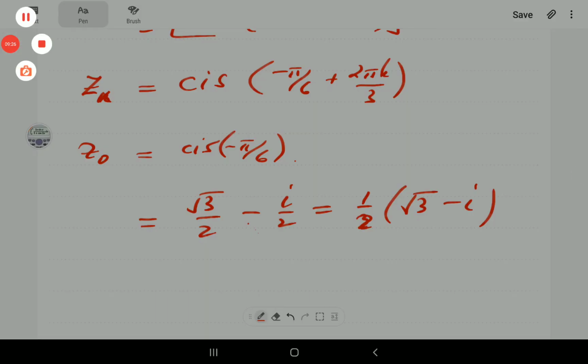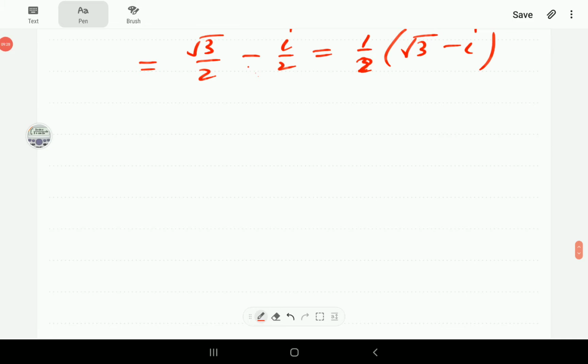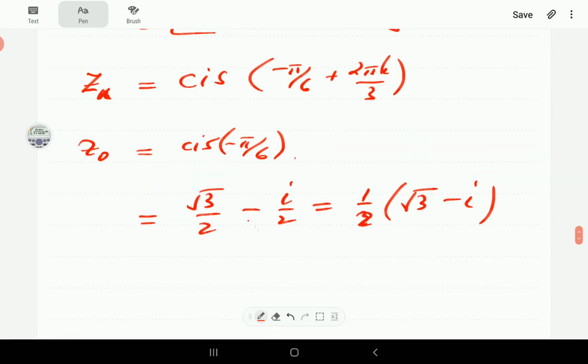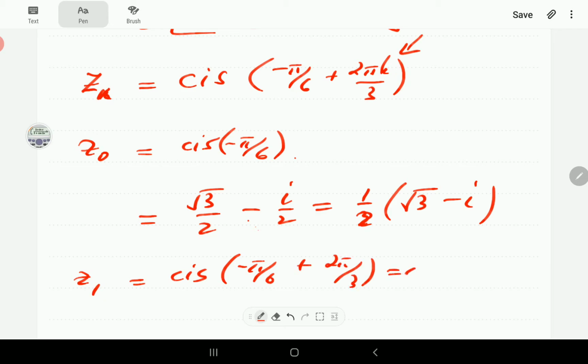There are going to be 2 more. So the second one, when k is equal to 1, we denote it z1. That's going to be cis minus pi/6 plus 2 pi/3. So 2/3 minus 1/6 is 3 pi over 6, which is pi over 2.